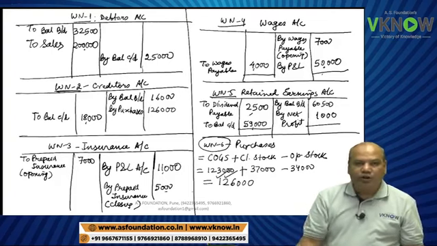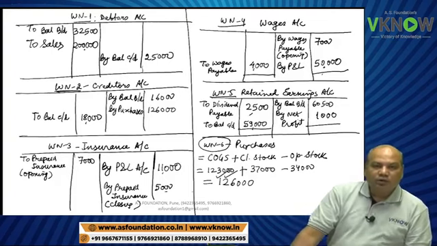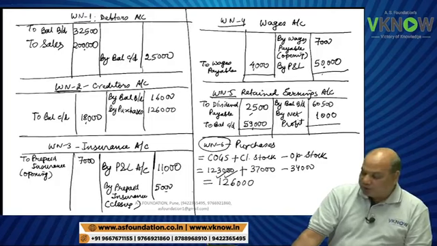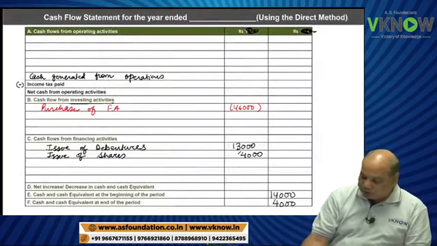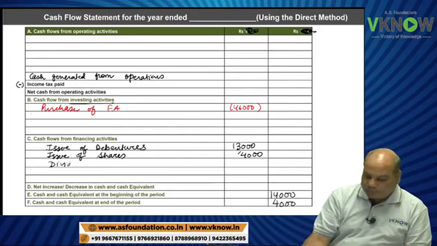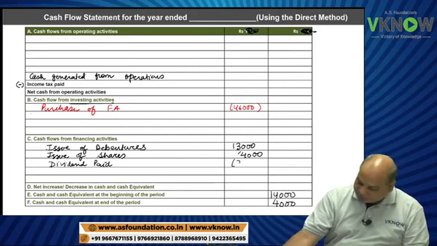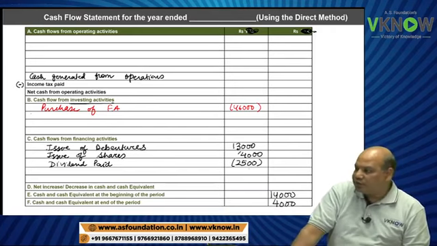Just check, have you written the same adjustment? Dividend paid 2,500, and we'll go to financing activity and write here dividend paid in bracket 2,500.